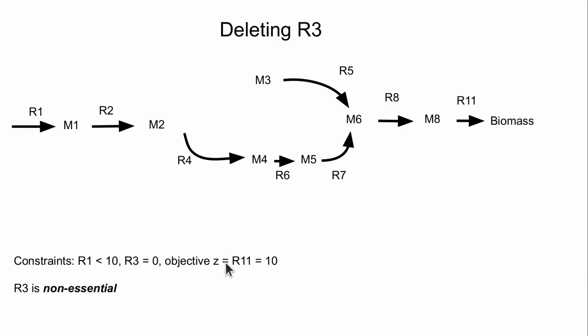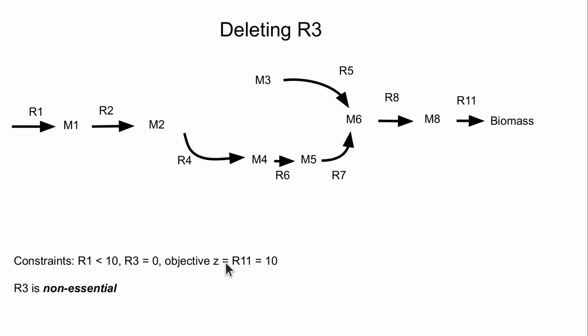But this lower pathway here is redundant. It provides backup for this upper pathway. And so even though this one is out, we can still run a flux through R4 and R7, use that to produce M6, from which we can produce M8, and from there on biomass.